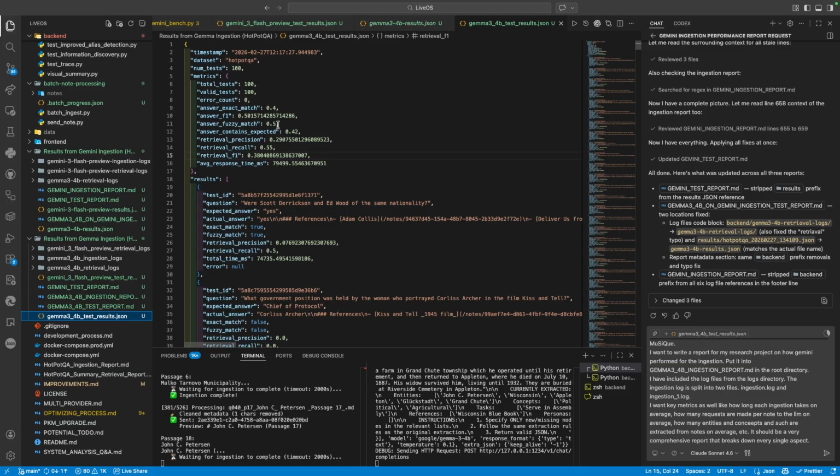So what does this tell us? It looks like Gemma is quite good for information synthesis, because it is basically on par with Gemini.